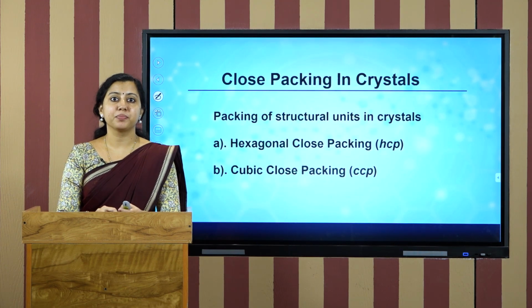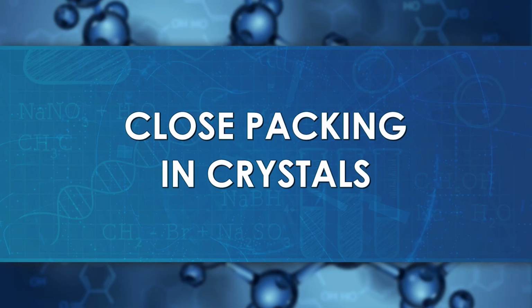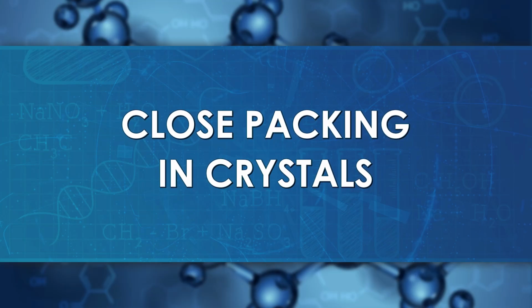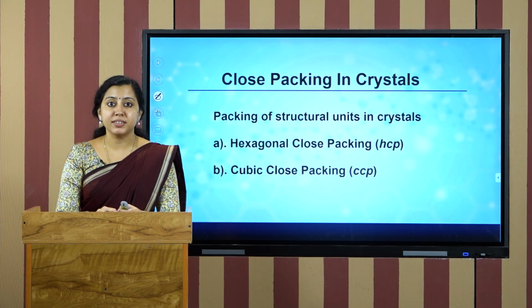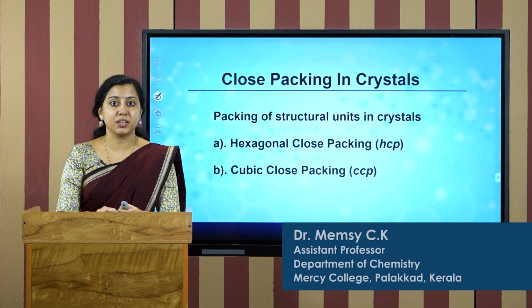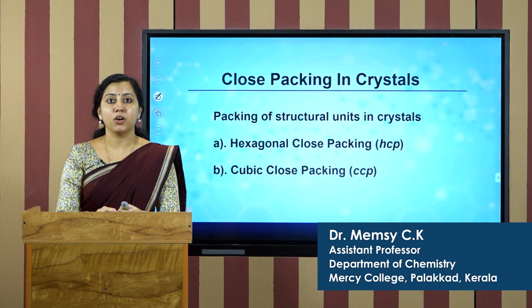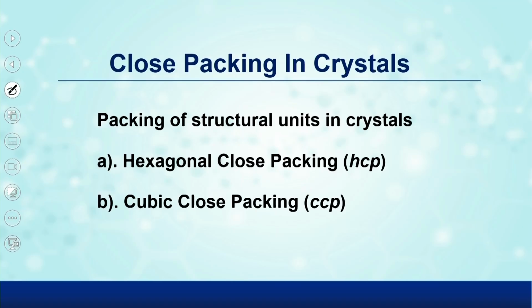In this session, we will discuss close packing in crystals, that is the packing of structural units in crystals. There are different ways of packing of structural units in crystals, and we will see in detail all these types, particularly the hexagonal close packing and cubic close packing.